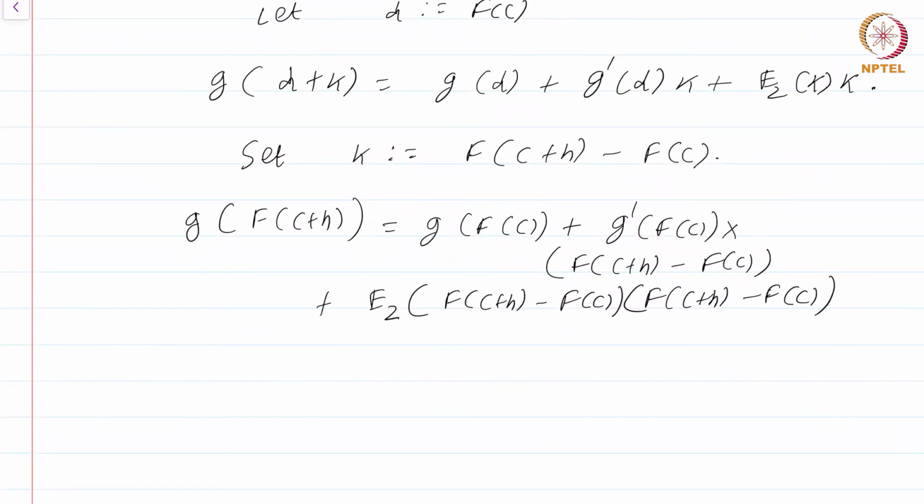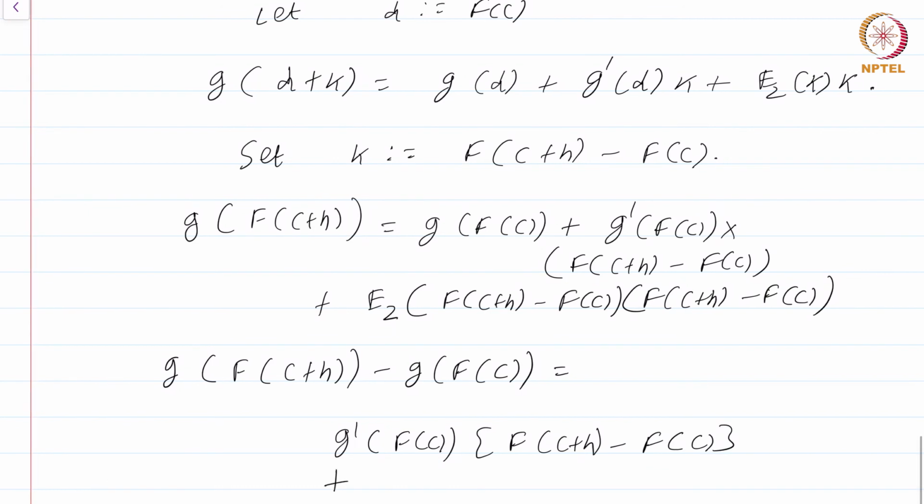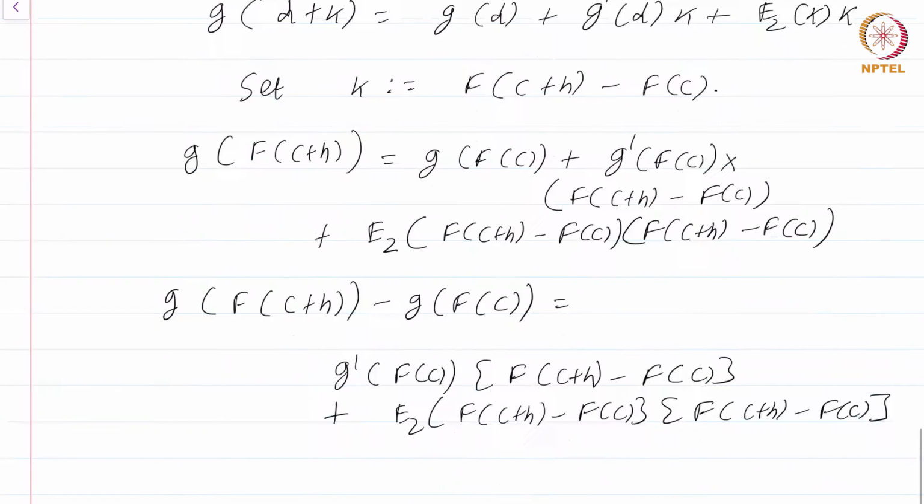Now what you do is you take g of f of c to the other side. So g of f of c plus h minus g of f of c is equal to g prime of f of c times f of c plus h minus f of c plus E2 of f of c plus h minus f of c multiplied by f of c plus h minus f of c. Okay, this is what you will get.